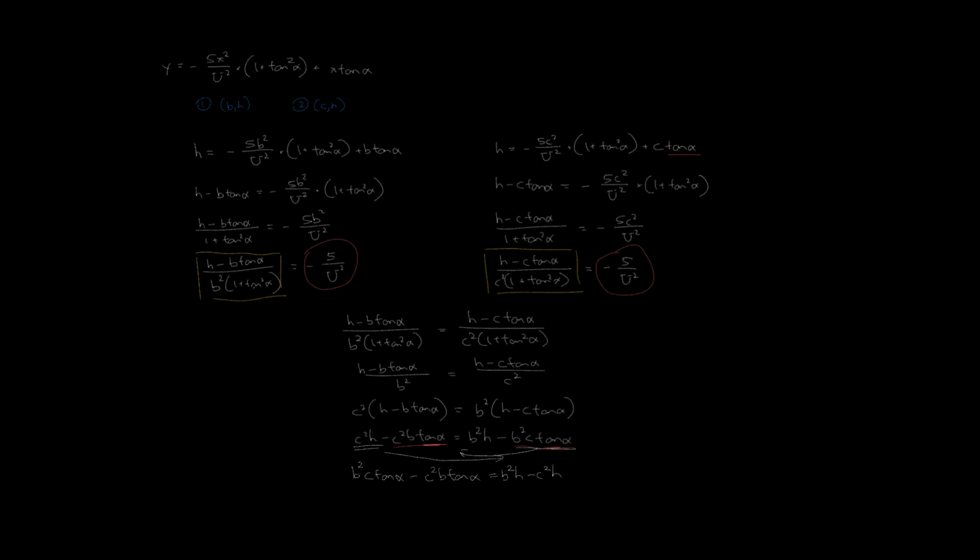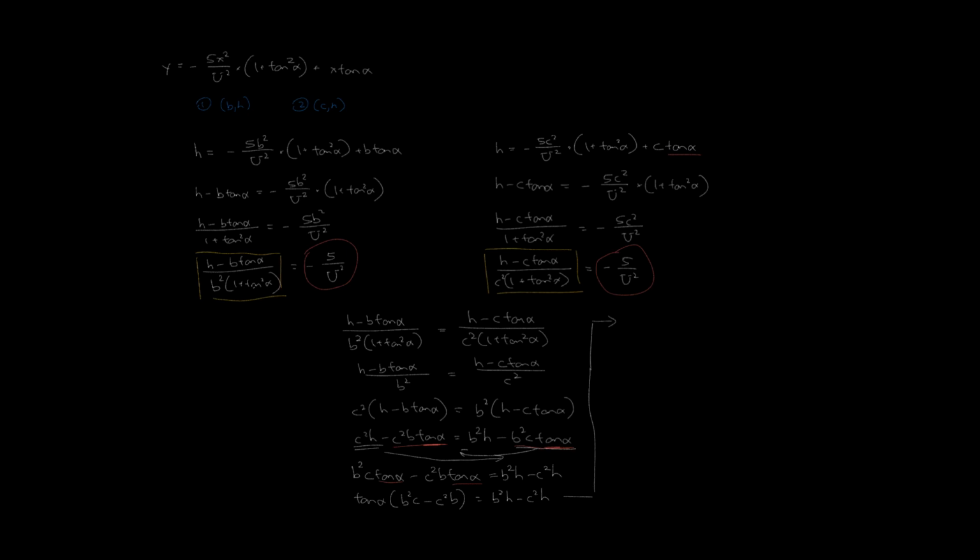And now we can factorize our tan alphas. So now we have tan alpha (b squared c minus c squared b) is equal to b squared h minus c squared h. Now let's go over to this side, so we'll have a little bit more space.